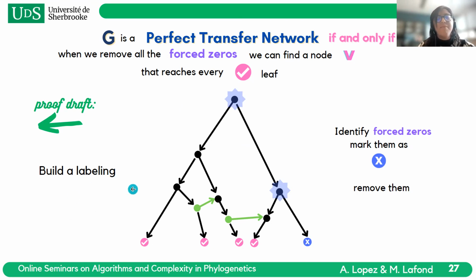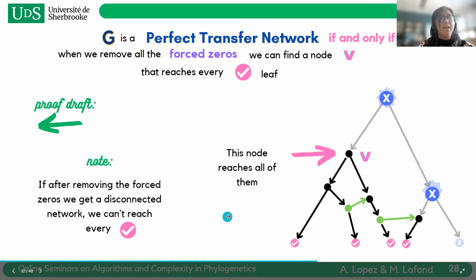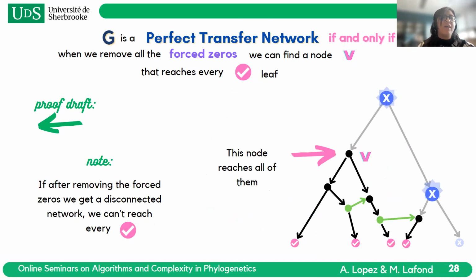To build a labeling, first we start by identifying the force zeros, and these are marked as off with our off token. An important note is that after we remove the force zeros, if we get a disconnected network, then this means that we cannot reach every on token, so this could not be a perfect transfer network.